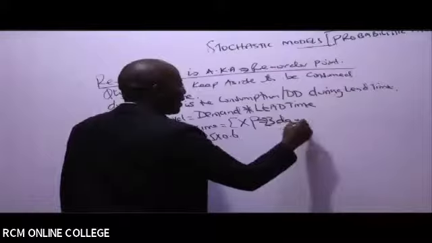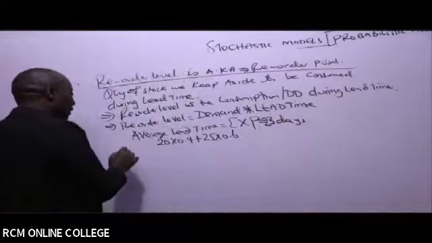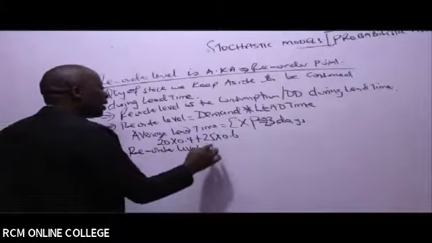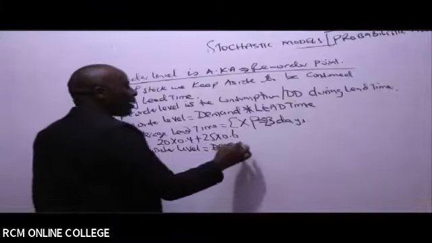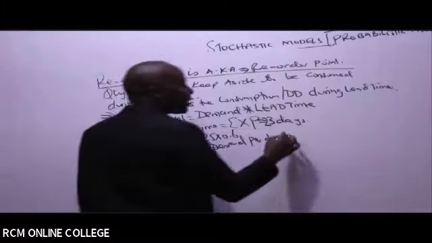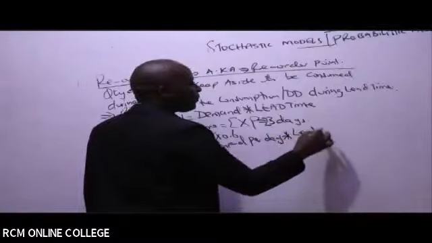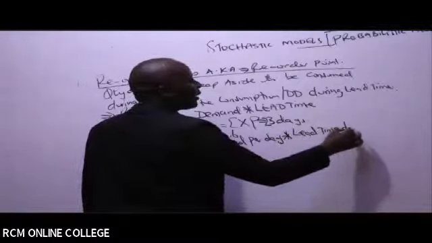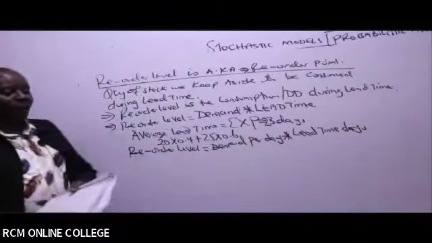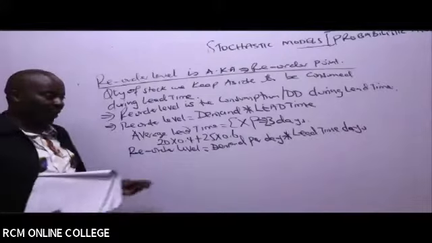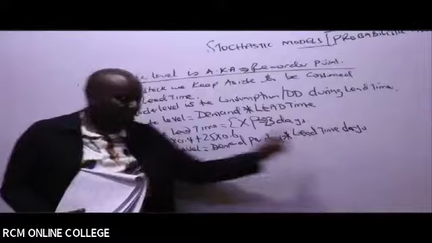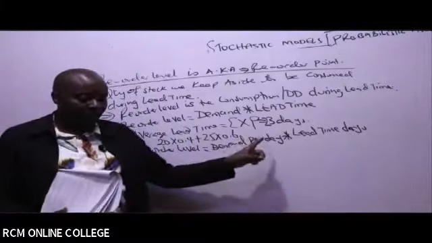23 days. Now listen, I repeat again. We are saying here that the reorder level equals demand per day times lead time days, because lead time has been given in number of days. If lead time was given in weeks, I would have said lead time weeks times demand per week.